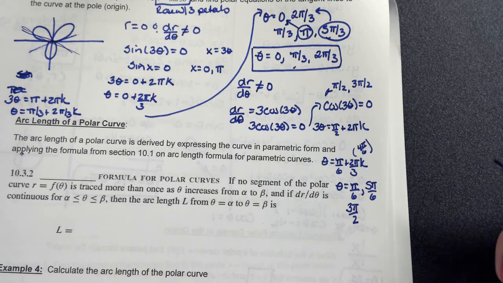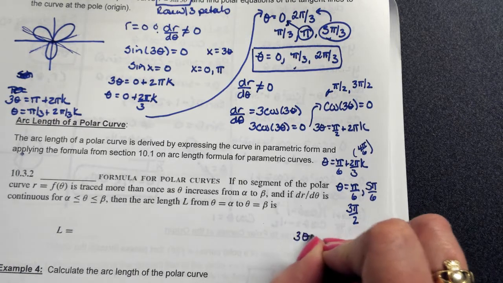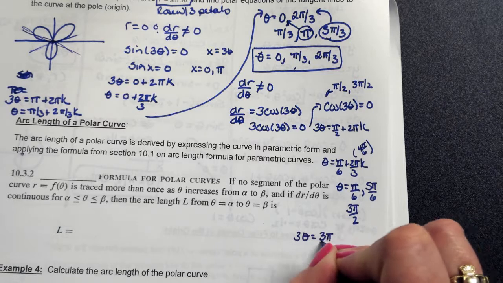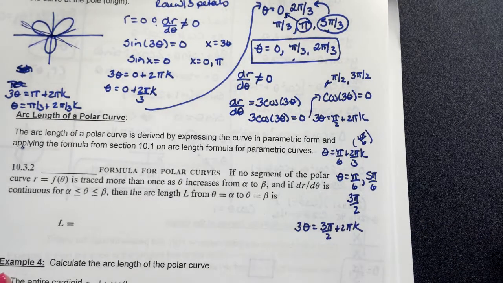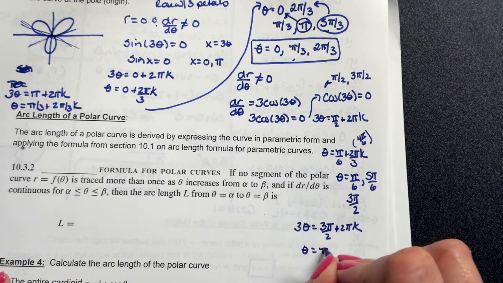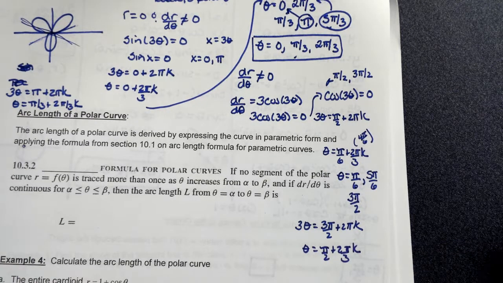Would you like to consider the other place? Yes. So then I have to take my 3 theta, set it equal to 3 pi over 2 plus 2 pi k. Multiply by a third, so theta is going to be equal to pi over 2 plus 2 pi over 3 times k. So if I get my common denominator, it's going to be 6.